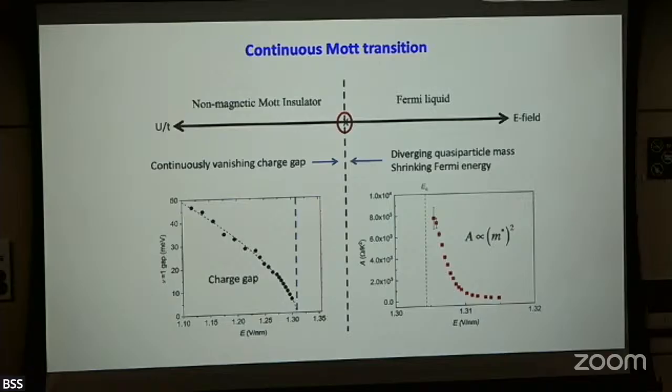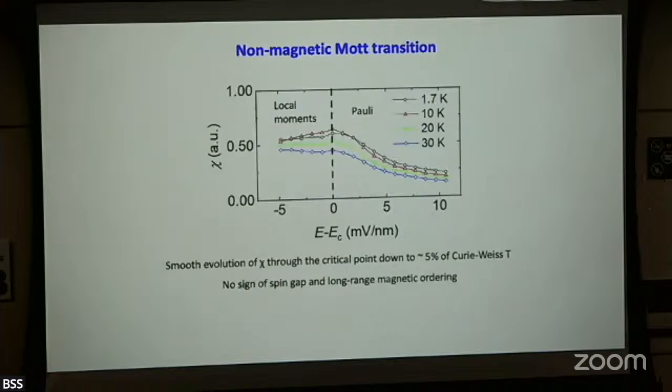Okay. So this is from the transport measurement, and you can also look at the magnetic susceptibility. It looks like from this side the local moment character changes to Pauli, because of the Fermi liquid, but the magnetic susceptibility changes from one side to the other side smoothly.